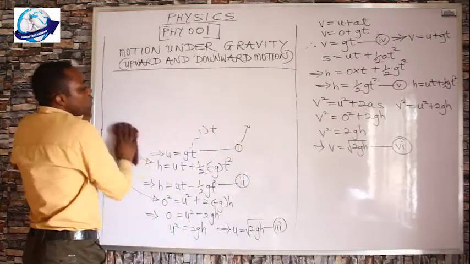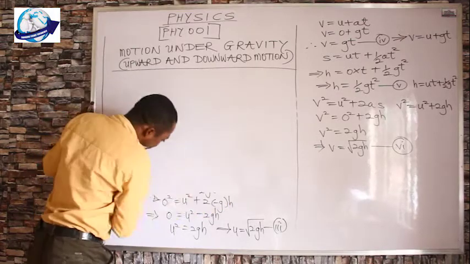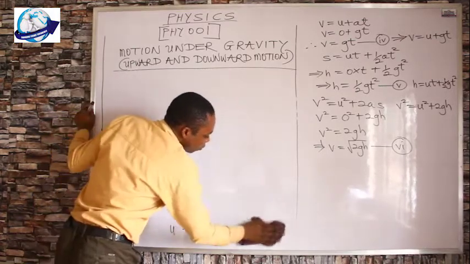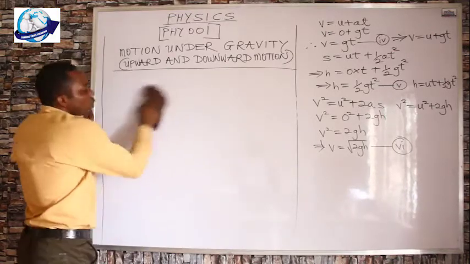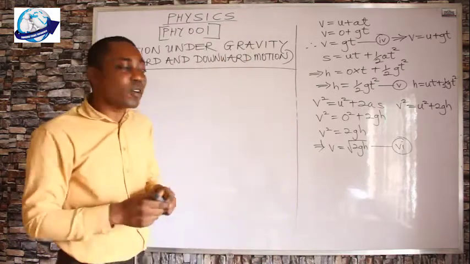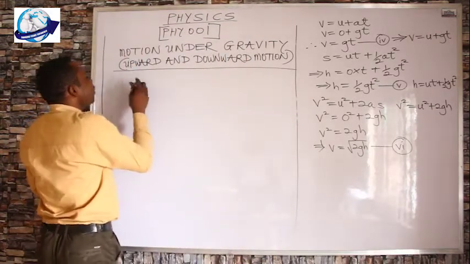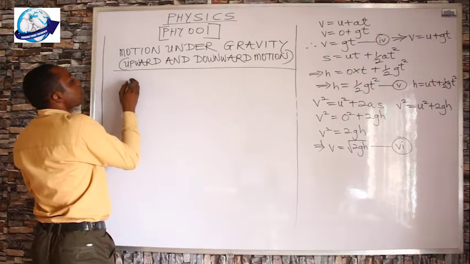What is the expression, or what formula can we use to calculate the time for a free falling body?